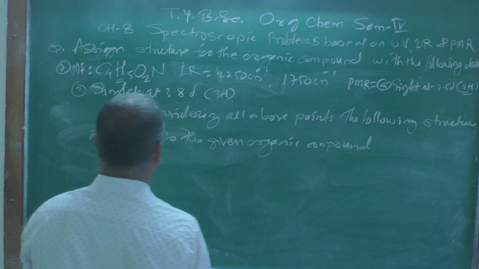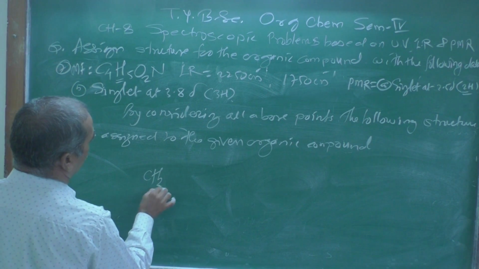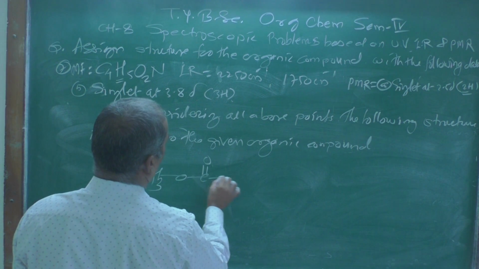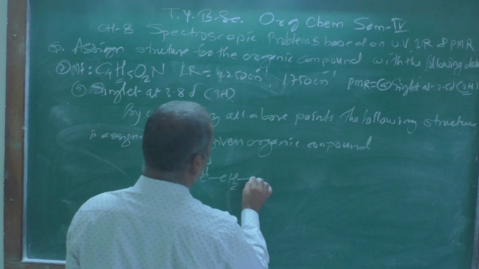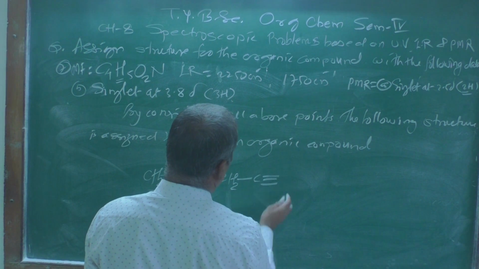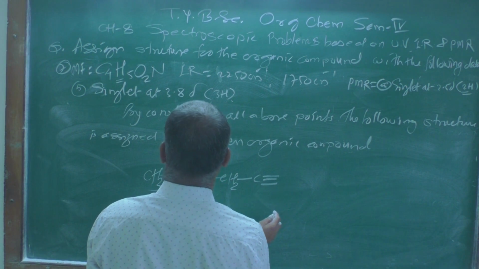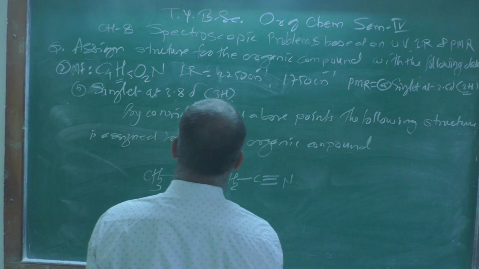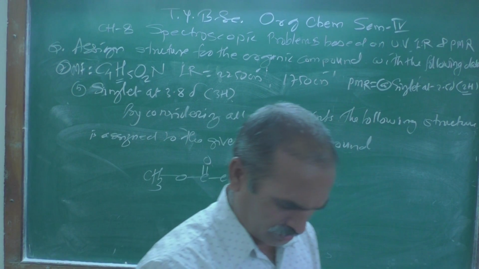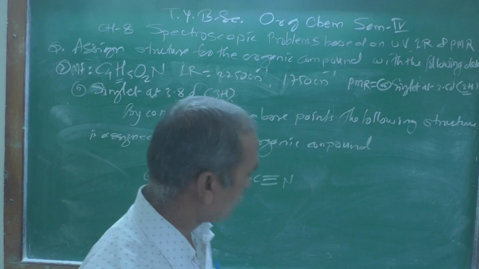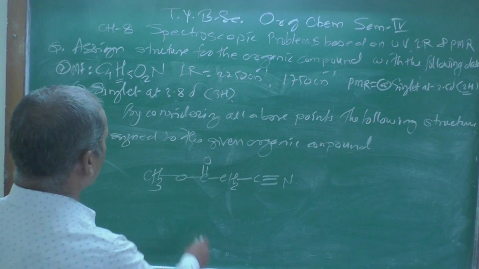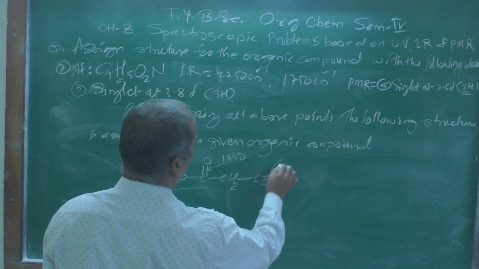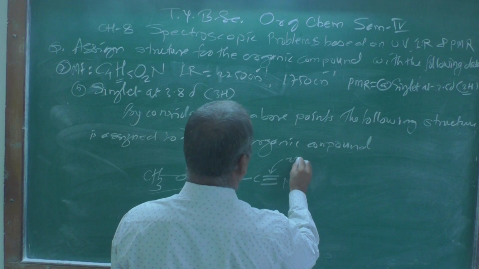And what is that? We can write here CH3O, C double bond O, then CH2, C triple bond N. This is an ester group, for which the IR value is 1715 per centimeter, and here the value is 2250 per centimeter.